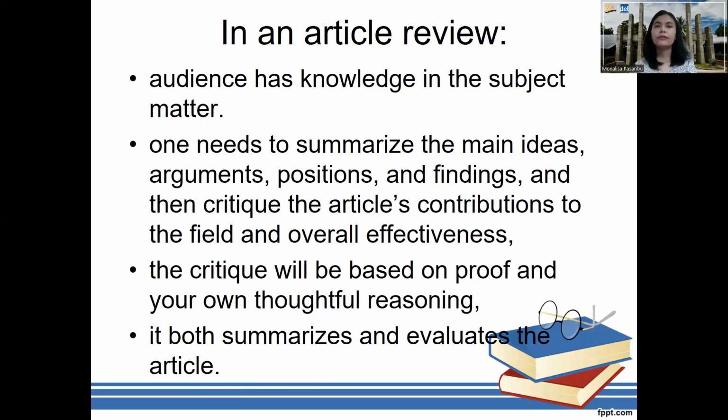So half of the article review is a summary, and then after that you give the comments to it. Okay, and it's not just a random comment, but it needs to be based on proof, or there should be evidence. And if it is possible, put the evidence in the form of a quotation, the page number, or what is stated by the writer.